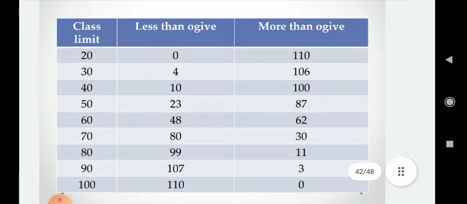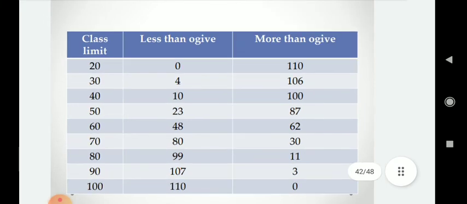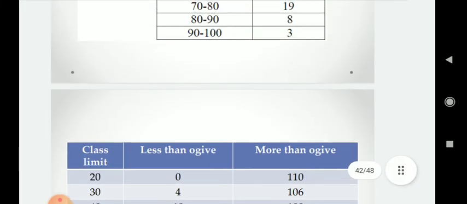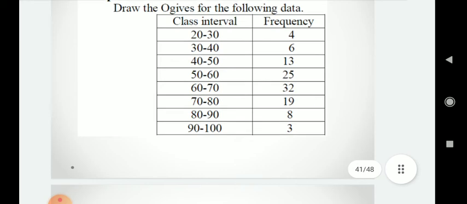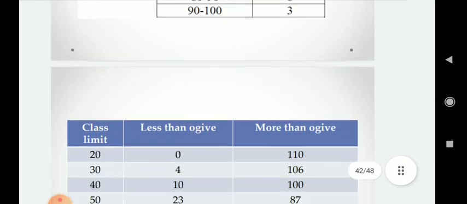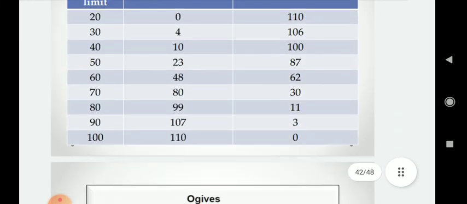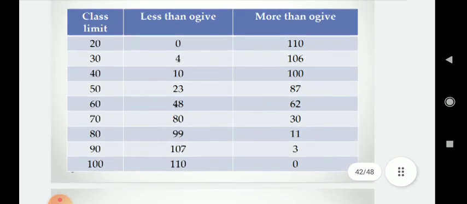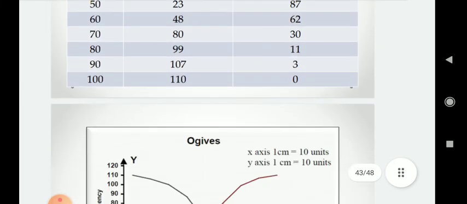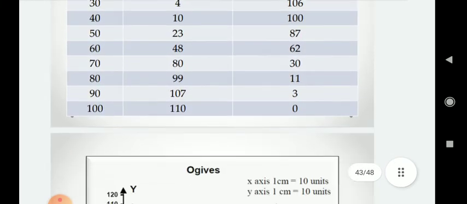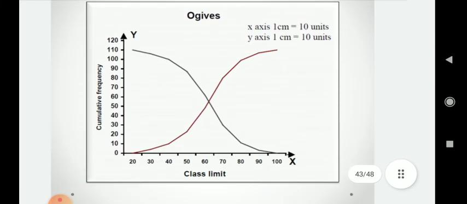Now once you find less than or more than ogive, you have to plot it on a graph. So class limit 20, 30, 40, 50, 60, 70, 80.